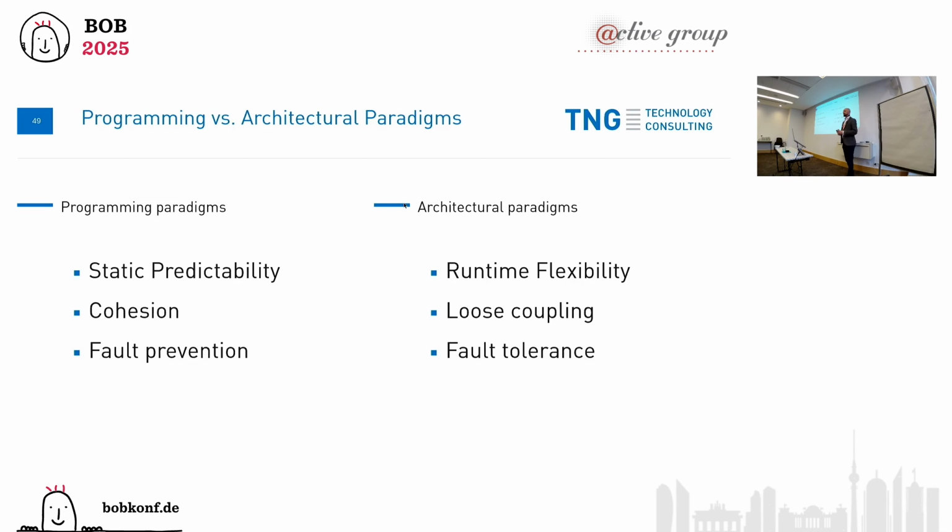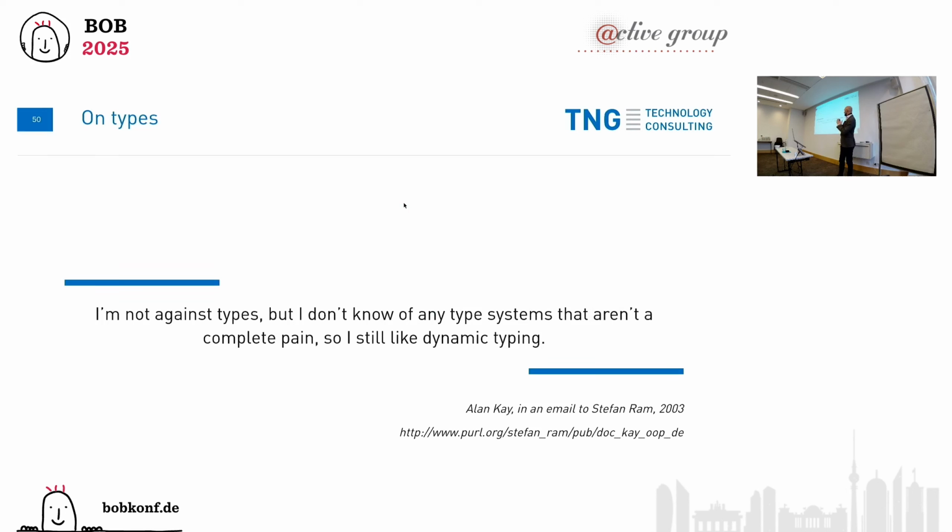I'd like to circle back to type systems one last time. Alan Kay actually states that he doesn't know of any type systems that aren't a complete pain. But as we've seen before, it's really the concept of subtyping that makes type systems a complete pain.